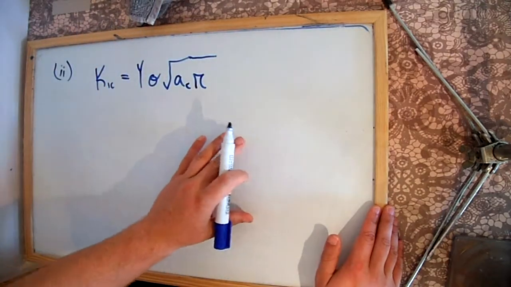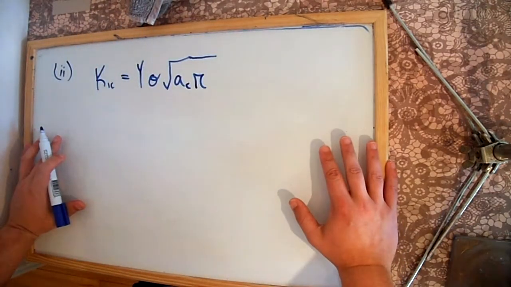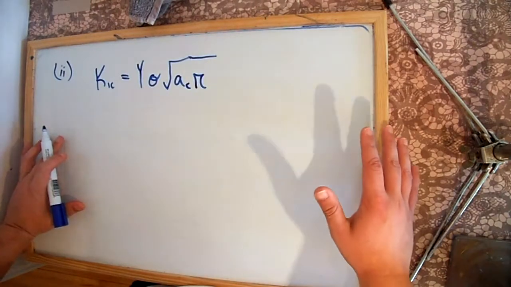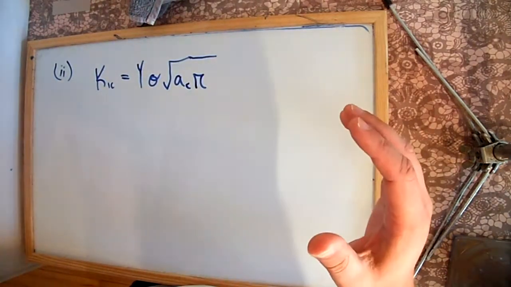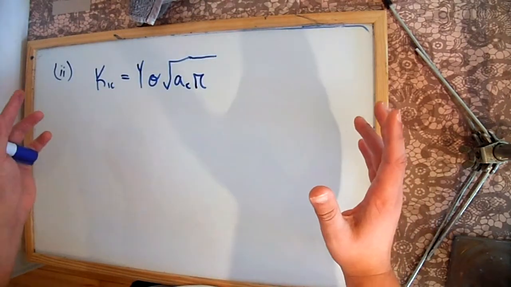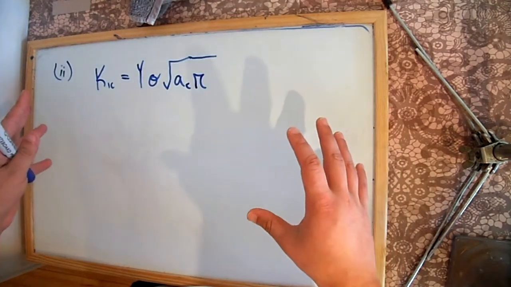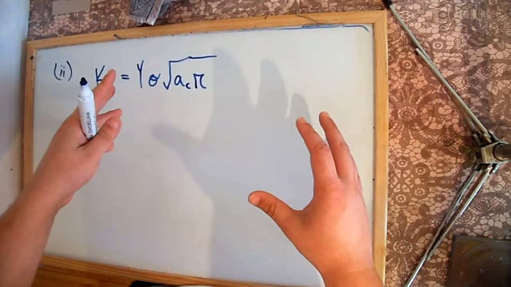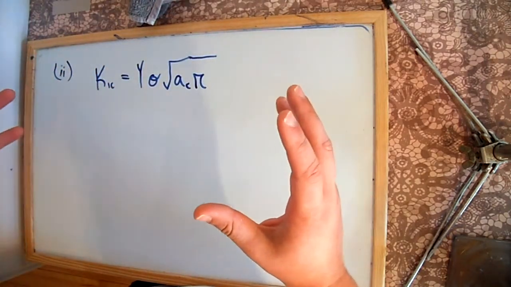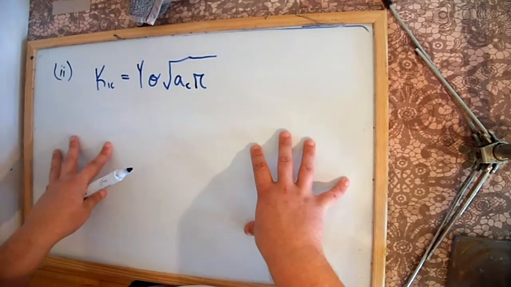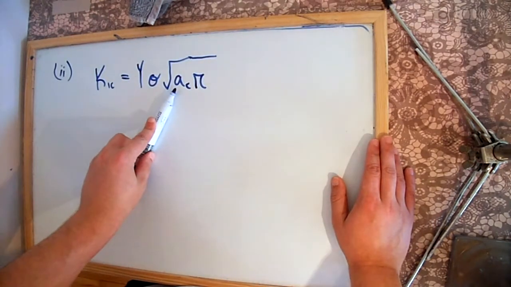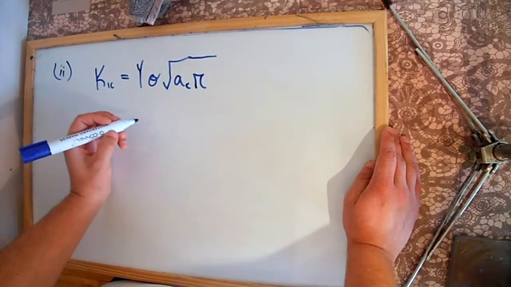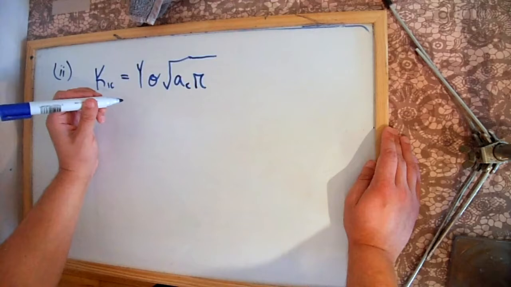The way I was thinking here is that if you look at the equation, we have all the variables that we need to just throw it into the equation, and by the equation I mean the equation that we solved in part 1. So the only variable we don't have is the critical crack size.